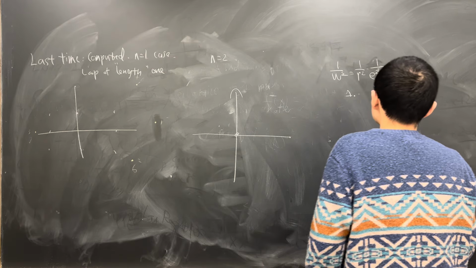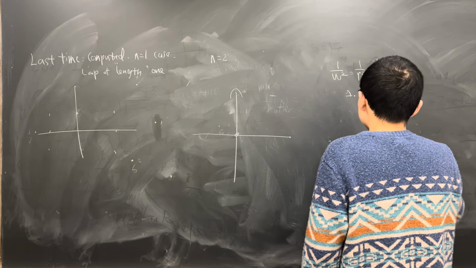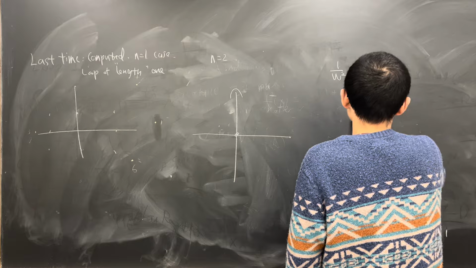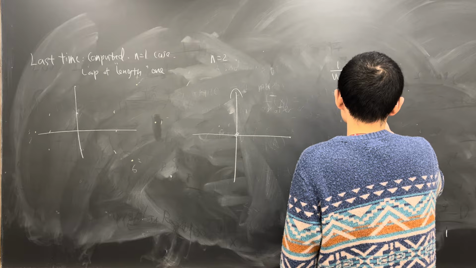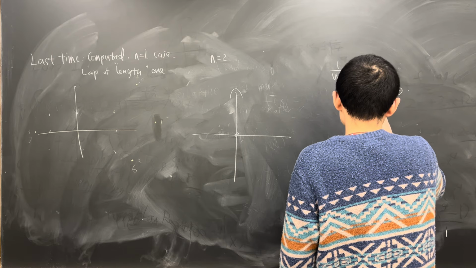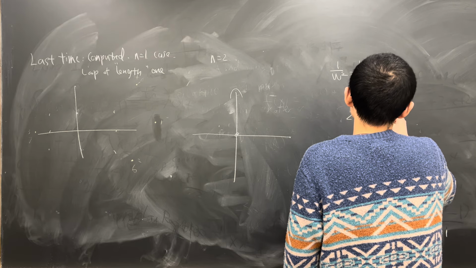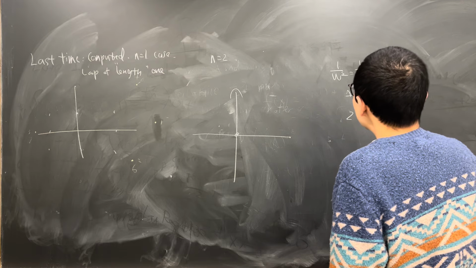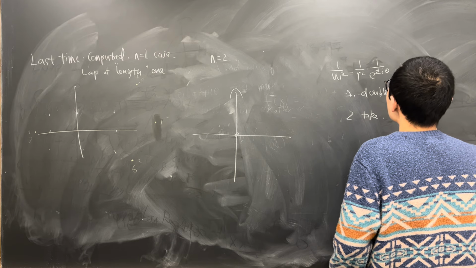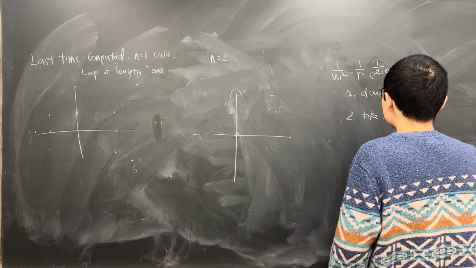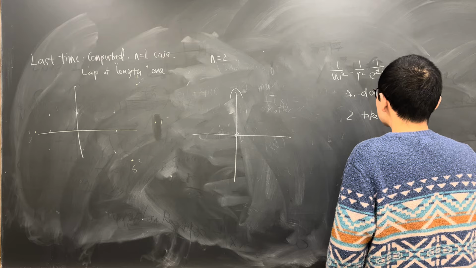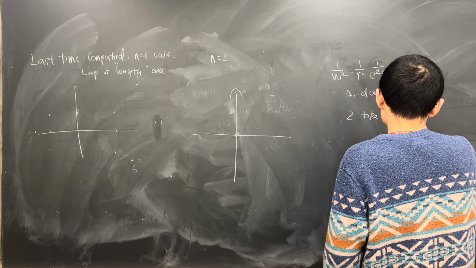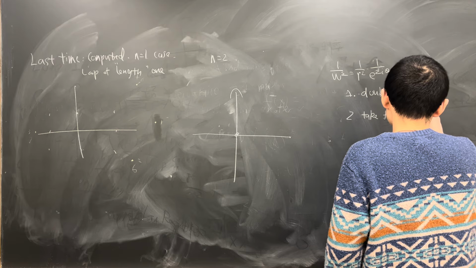So basically first you double the angle, and then second you take the inverse. First you take the inverse, which is basically the same thing as taking the negation of the angle.